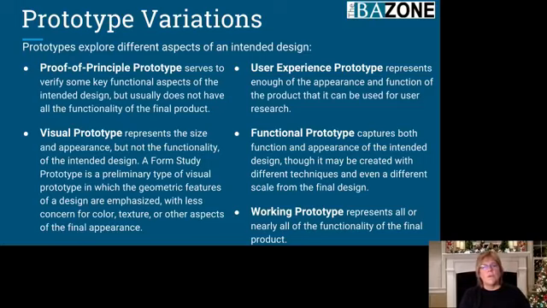And the working prototype represents all or nearly all the functionality of the final product. That's where you tend to get a little pushback from management and developers. But, as Kathleen said, once you get good enough at this type of thing, you won't need a developer to help you with a working prototype.